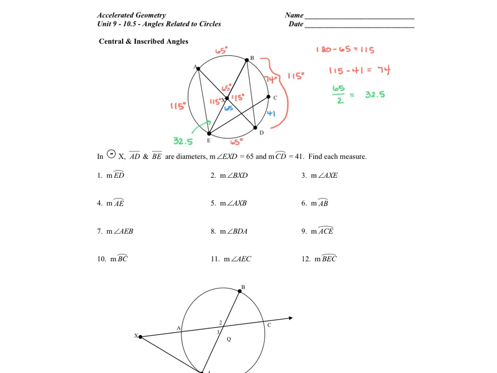Likewise, angle ADB also intercepts arc AB, so it will also be half of 65, or 32.5.